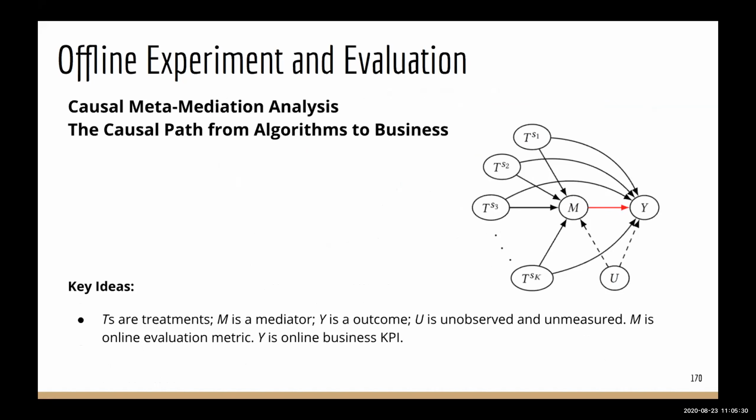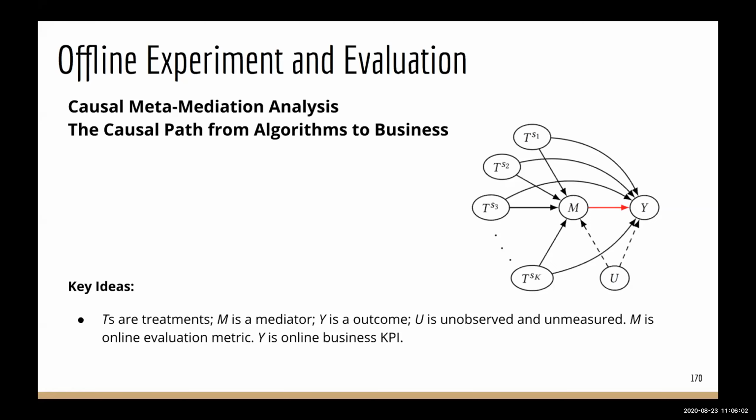So to be more concrete, let's imagine there are many different historical experiments, and all these treatments, some are buttons, some are algorithm changes, some are marketing page changes, and so on. All of them have some effect on NDCG. In our case, M is a mediator, right? And all of them also have a direct impact on the final result, which is the revenue or the GMV.